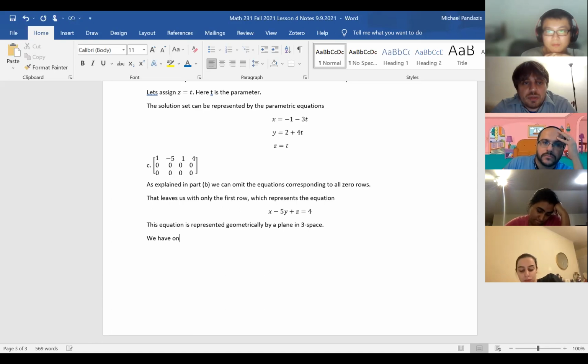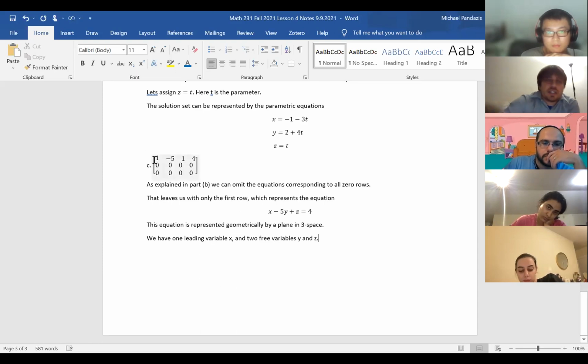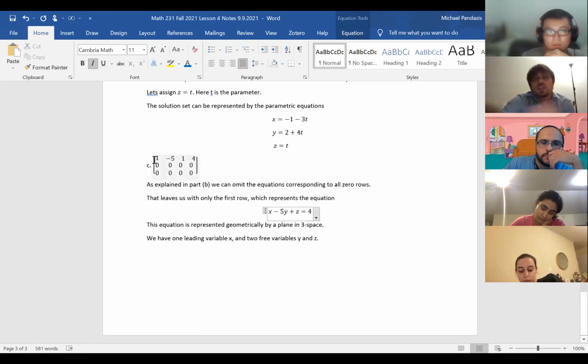We have one leading variable, x, and 2 free variables, y and z. If you're only looking at this one row, the 1 and the x corresponds with the leading 1 here, right? So x is a leading variable. There's only one leading 1, and so that means there's only one leading variable, and everything else is a free variable.